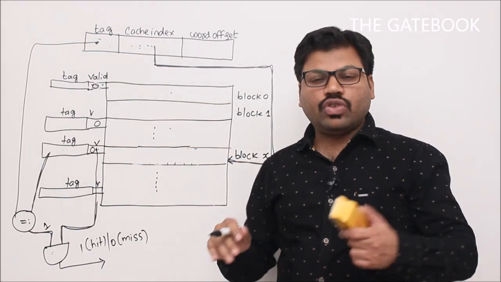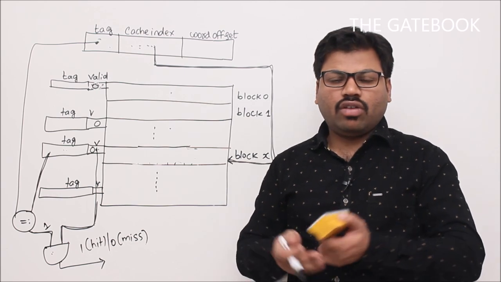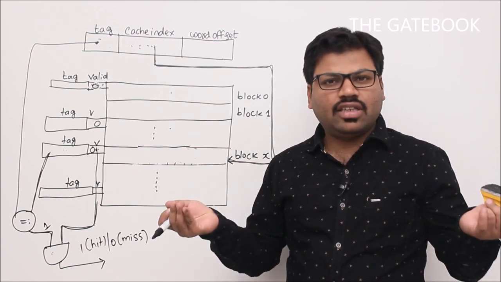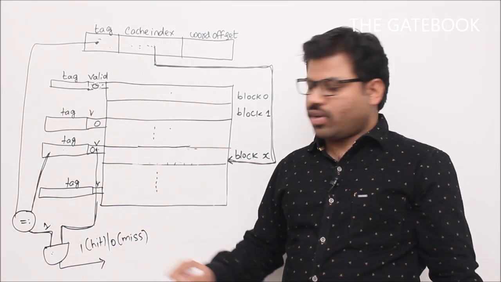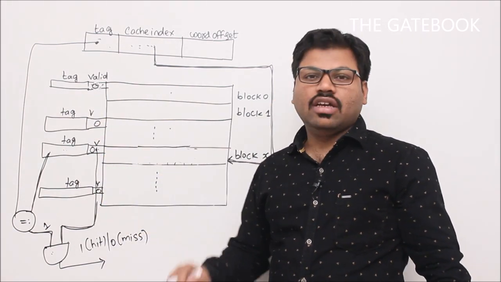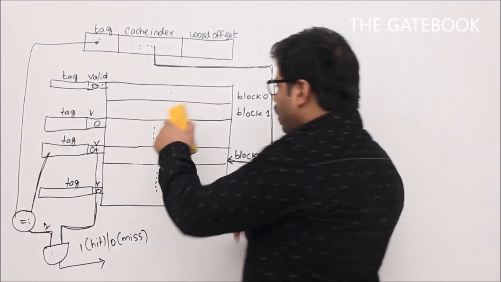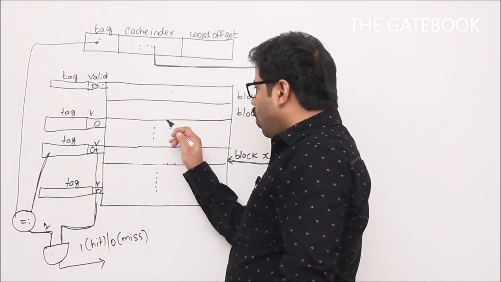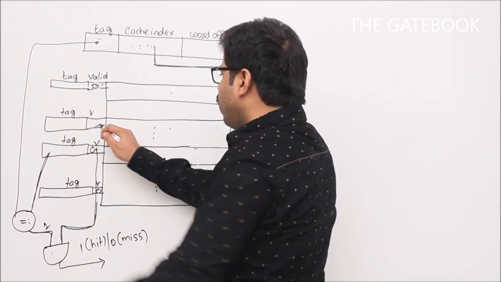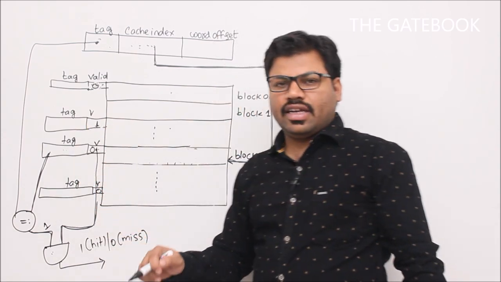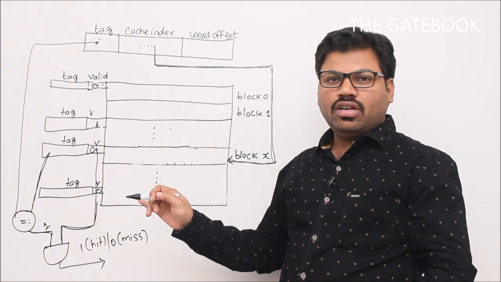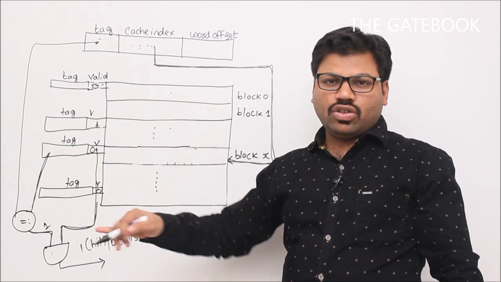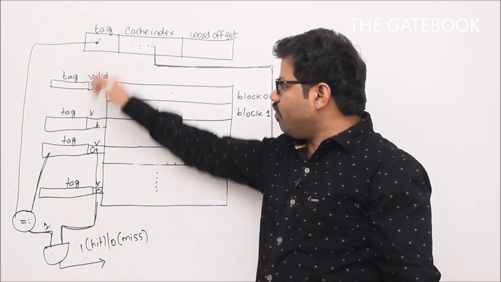Initially, when you switch on your computer, the cache doesn't have anything, so all the valid bits should show zeros. That is the way it is initialized. Later, when data comes to a block, the valid bit becomes 1. Sir, if that is the case, why do we need the valid bit, since whenever data is available the valid bit becomes 1?